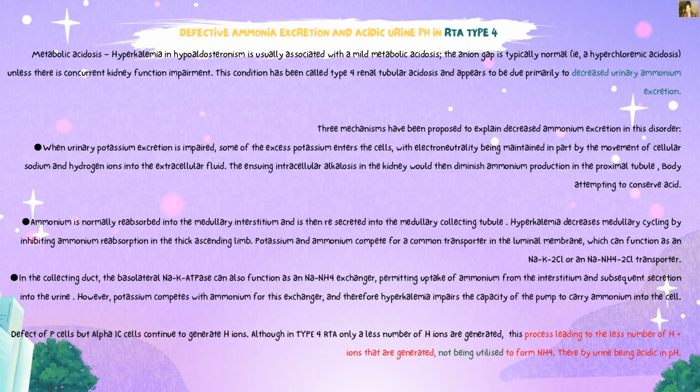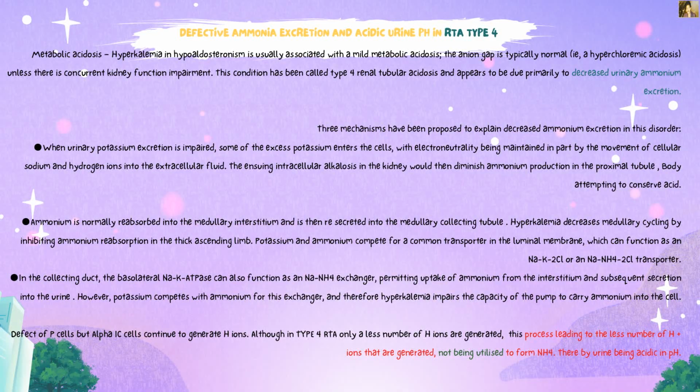But it's important to remember there is decreased urinary ammonium excretion, leaving the small number of hydrogen ions free to acidify the urine to a pH less than 5.5. The mechanisms proposed for decreased ammonium excretion are, the most important one, hypoaldosteronism related hyperkalemia.